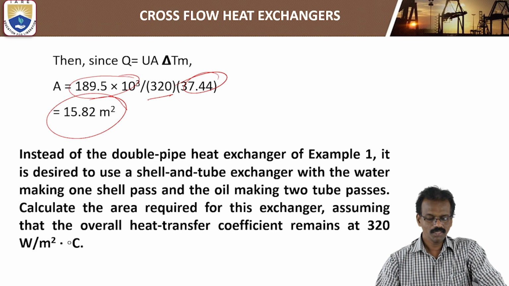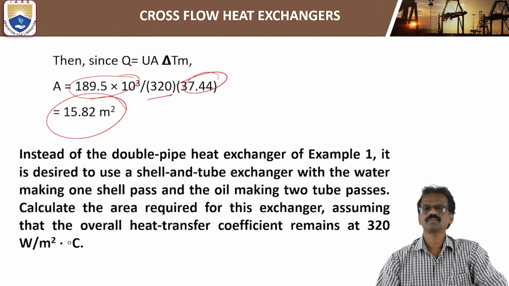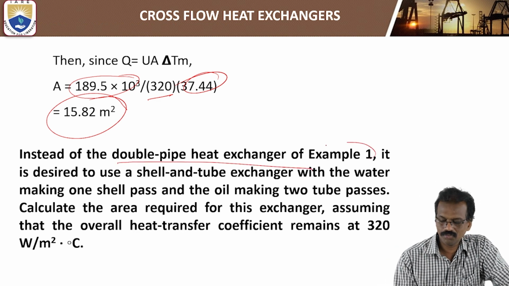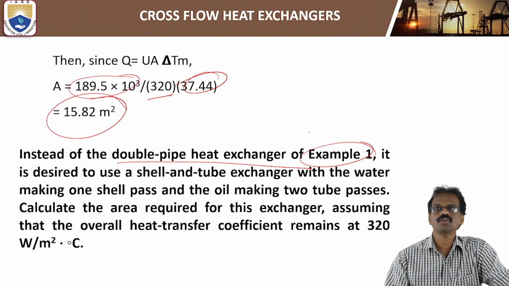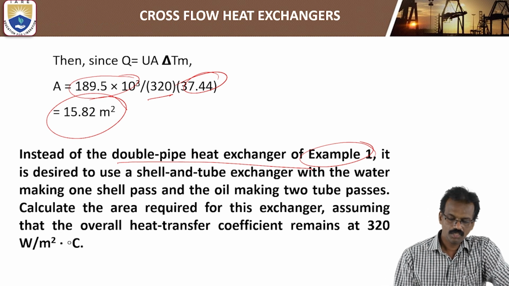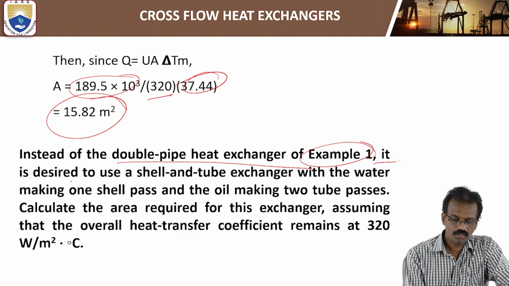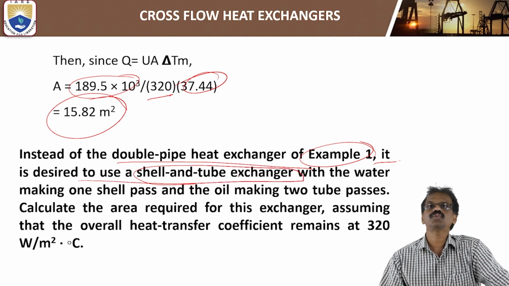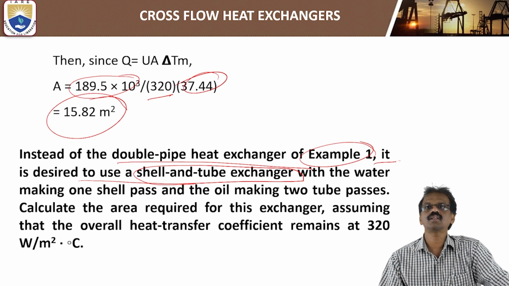So here the same numerical is considered for the cross flow. Instead of the double pipe heat exchanger of example one, which was solved in the previous slide, it is decided to use the shell and tube heat exchanger. Shell and tube heat exchanger means one shell, and maybe many tubes.